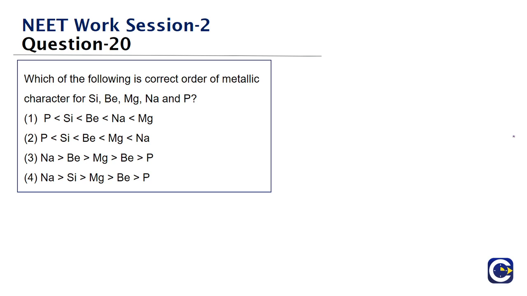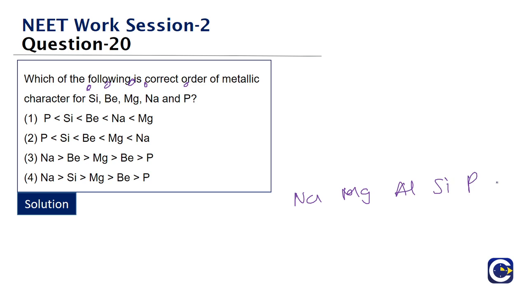Which of the following is the correct order of metallic character? So here we are talking about the metallic character of which elements? Silicon, beryllium, magnesium, sodium, and phosphorus. So where do these elements belong? Sodium, magnesium, then comes aluminum, silicon, phosphorus, and then sulfur.